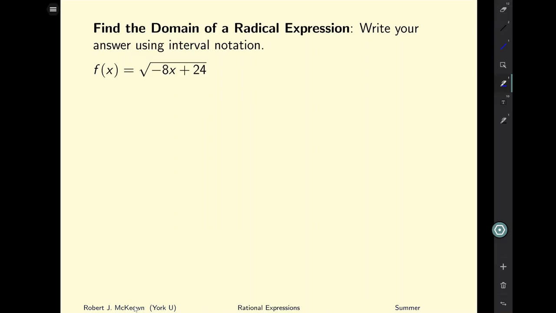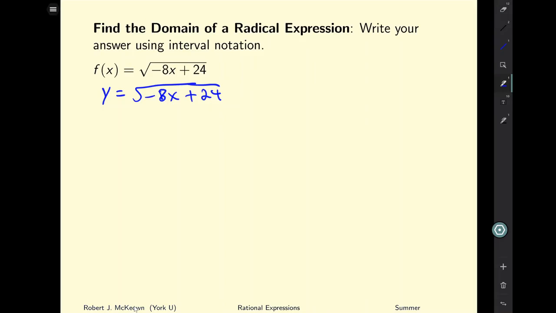Now, we don't need to draw anything. We don't have to graph anything. We just have to figure out for which values of x there is an answer for y. So I'll rewrite our function as y is equal to the square root of negative 8x plus 24.